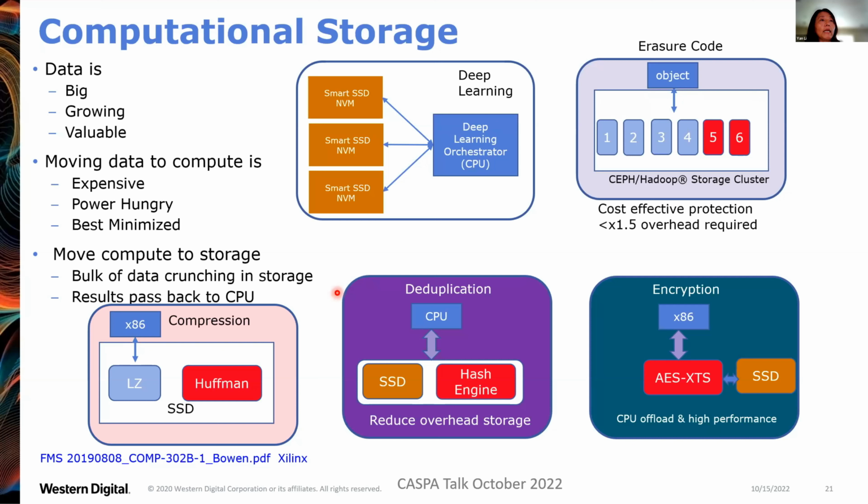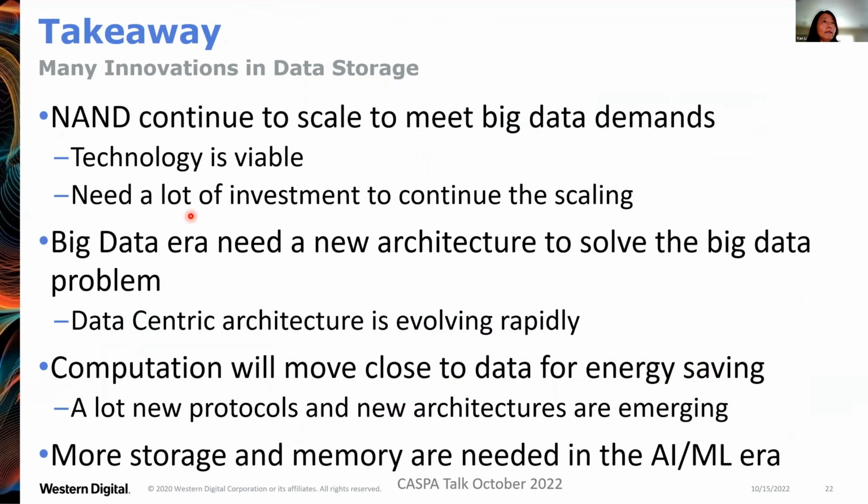But big data definitely needs this trend to keep going, because we cannot afford to move every piece of data in and out of the CPU and GPU. We have to process the data locally and make sure the movement is less, because all the data movement is very power hungry.